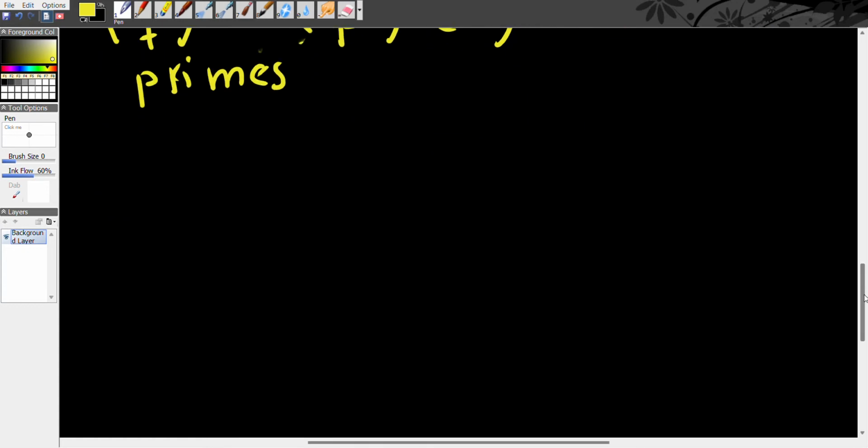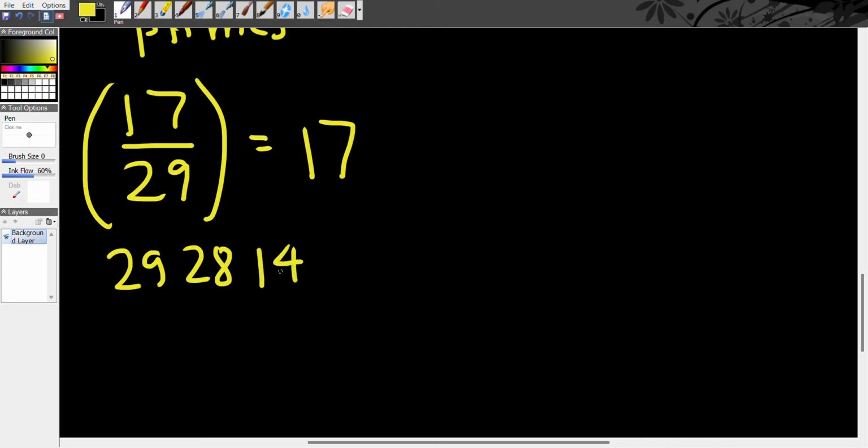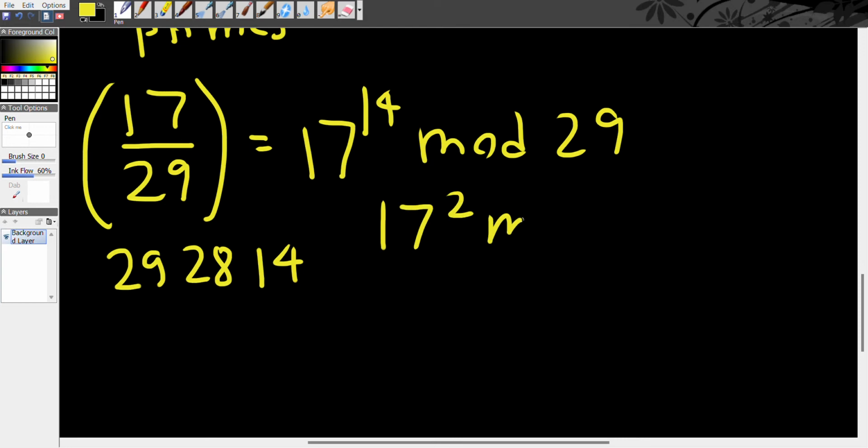So let's do one. Let's do the Legendre symbol 17 over 29 using Euler's criterion. So the power of 17 is (p minus 1) over 2, so 29 minus 1 divided by 2, 17 to the 14 mod 29. Let's see what 17 squared mod 29 is.